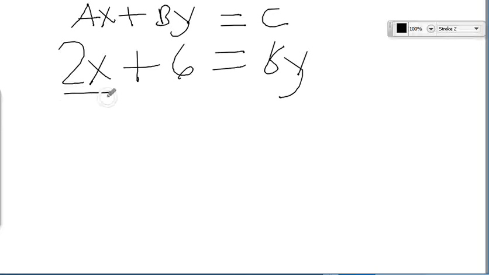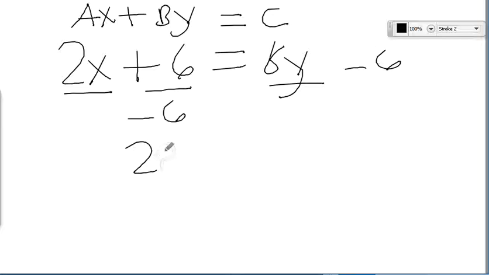So this term right here is where it needs to be. This term needs to move, and this term needs to move. So to get rid of the plus 6 on the left side, we're going to do a minus 6, which means we also have to do a minus 6 on the right side.